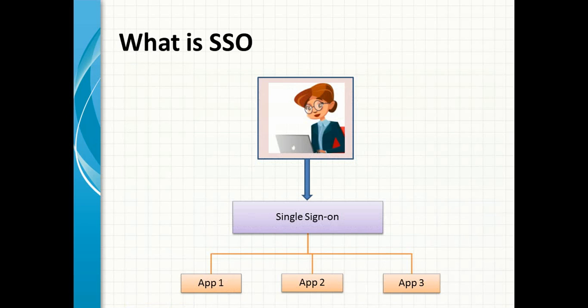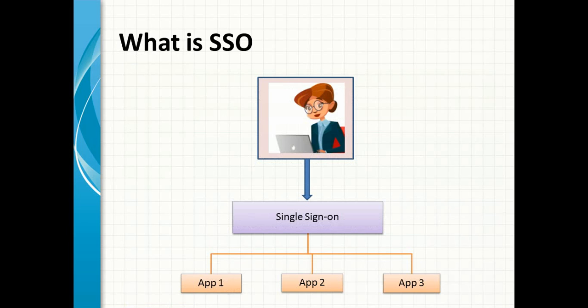In an enterprise with many apps, each app has a different username and password for each user. And sometimes we don't use some of the apps for a long time, and when we try to log in, we forget the password.